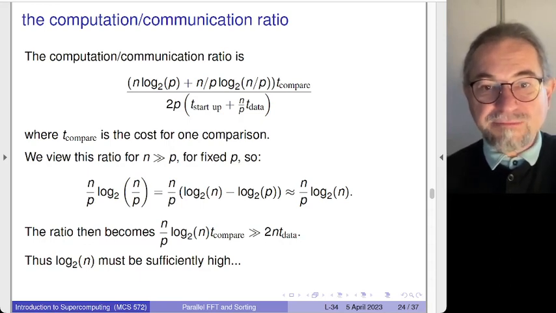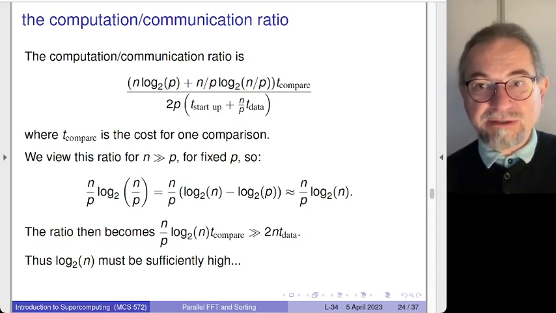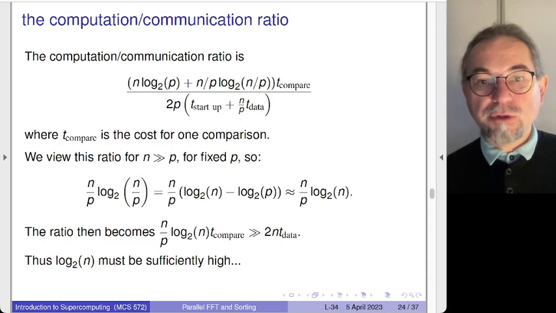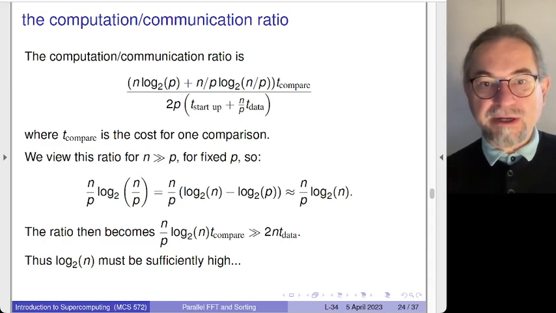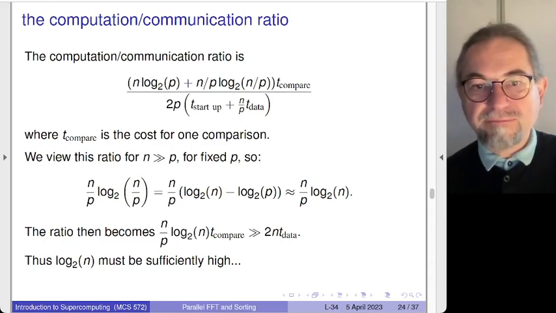Okay, so what does this mean at the very end? Regardless of what the comparison costs versus the costs for sending a data element is, suppose that you take both to be the units, or you go to a dimensionless constant, so you look at the ratio of time for data over time to compare. Then the critical factor here, at both left and right you have the n factor.